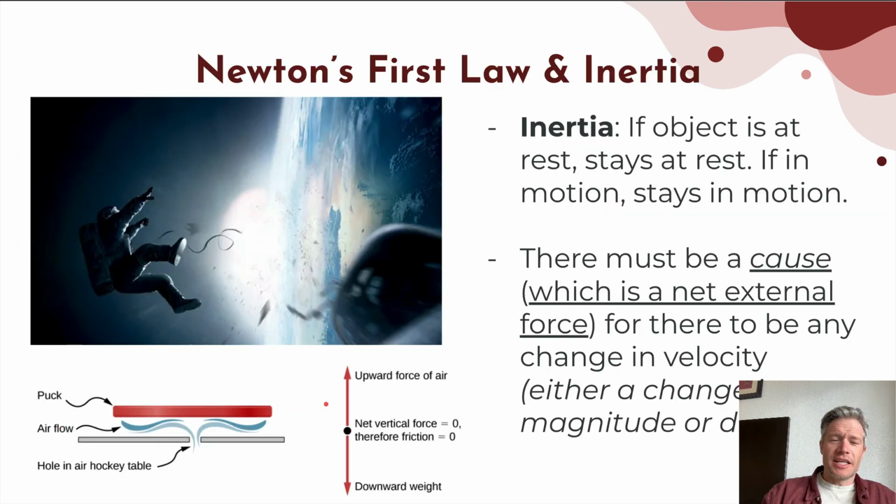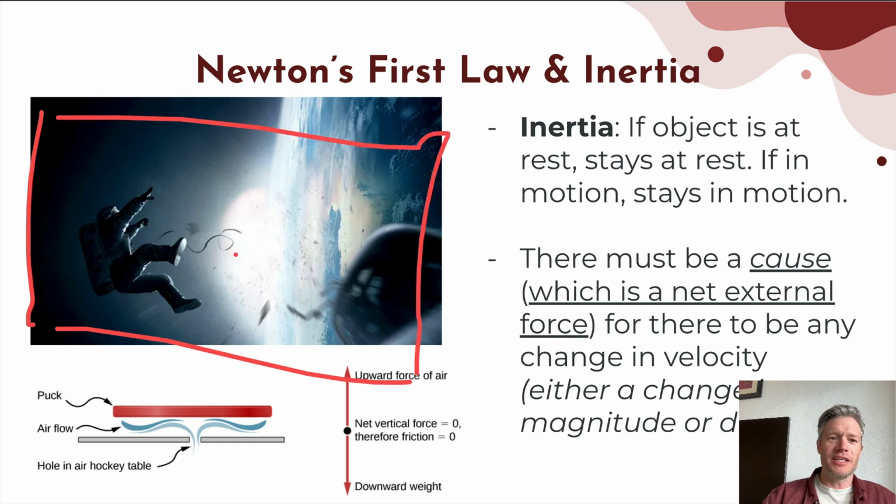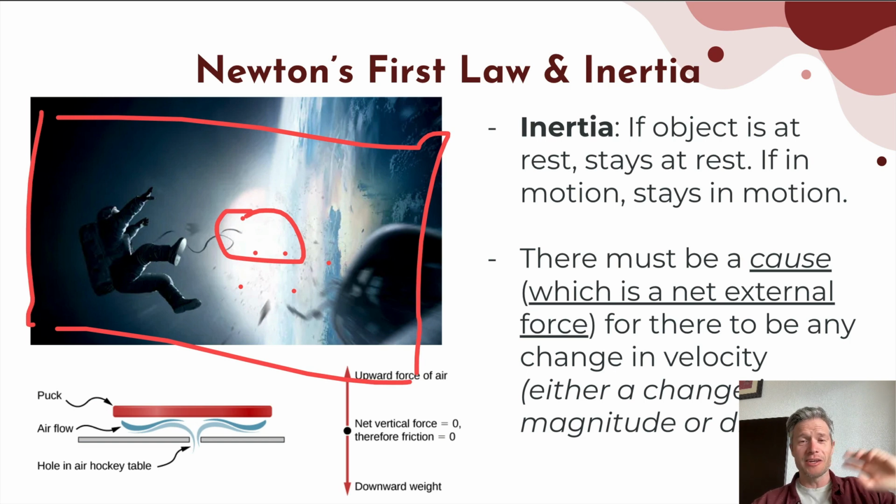All right. So I think a great example of this is this classic sci-fi movie scene where we have our astronaut in space and oh no, there's an explosion or something, and their tether comes off of the space shuttle, spaceship, space station, whatever it is, and now they're adrift in space, right? And what happens? Why is that a terrible thing? Well, they just keep going, right?